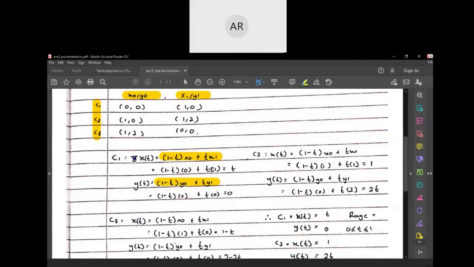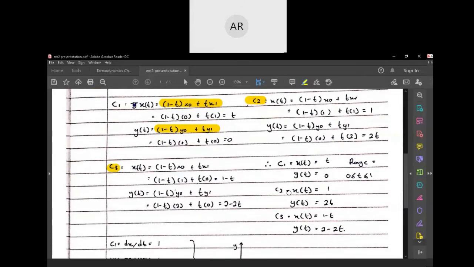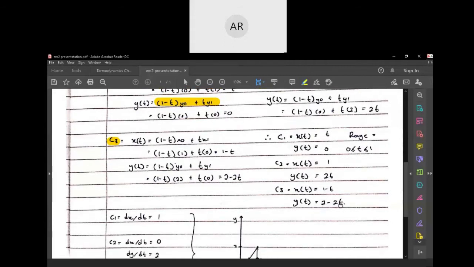The same steps repeat for C2 and C3. So C1: xt is equal to t, yt is equal to 0. C2: xt equal to 1, yt equal to 2t. C3: xt is equal to 1 minus t, yt is equal to minus 2t.